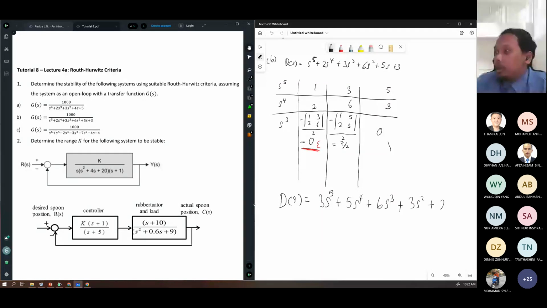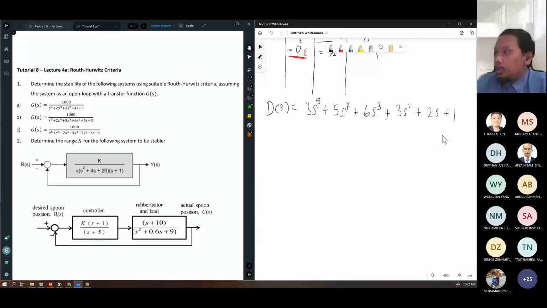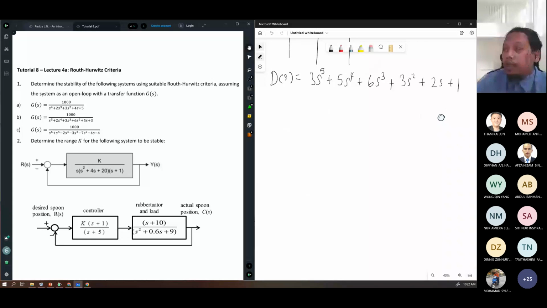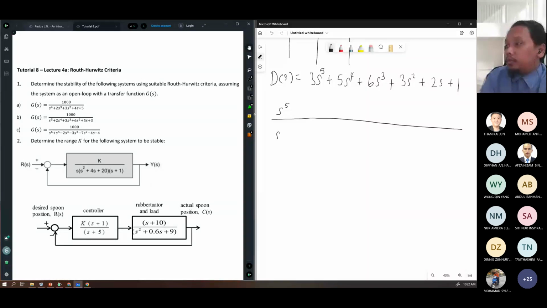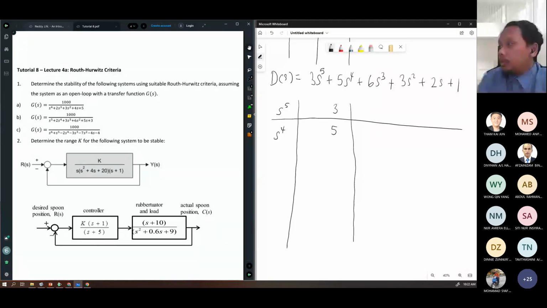Okay, so we reverse the coefficient. And then from here, we can generate the Routh table again. So we start with s power 5, followed by s power 4. Okay, calculate row S3.